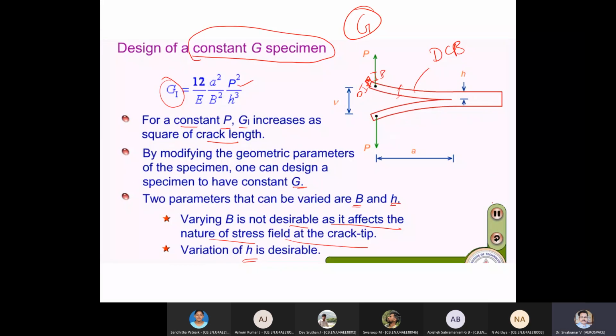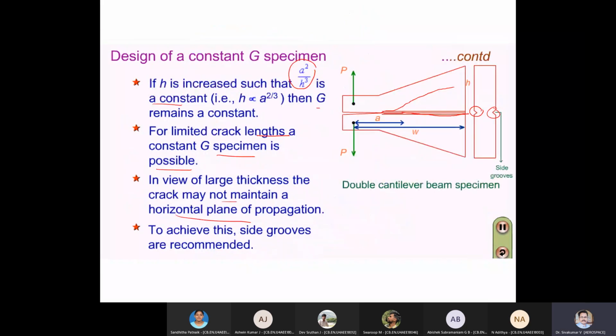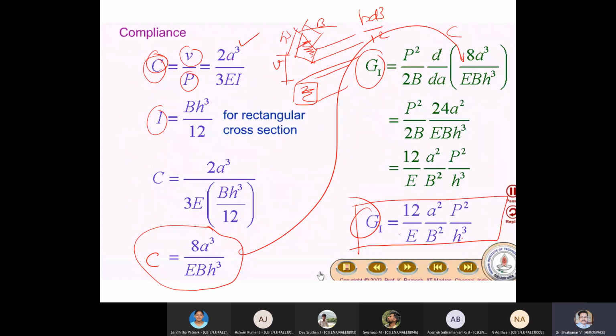That means you maintain H and A in this particular ratio, and you will get a consistent G. Suppose I make one particular double cantilever for the same material, and somebody else does something else, then it should have a unique value, no?